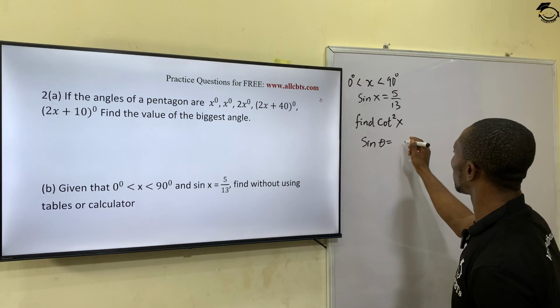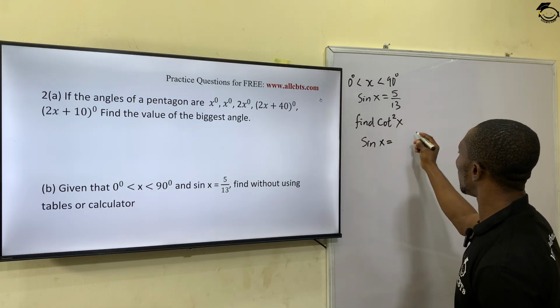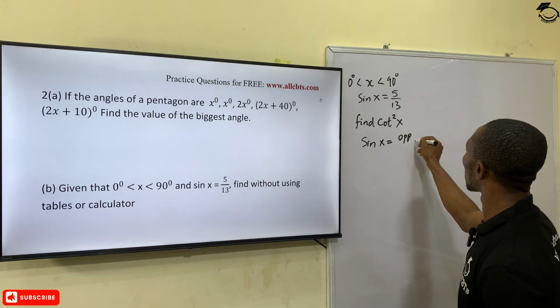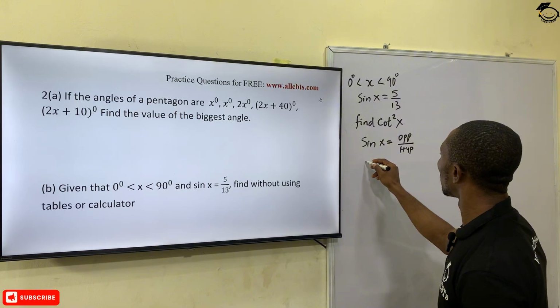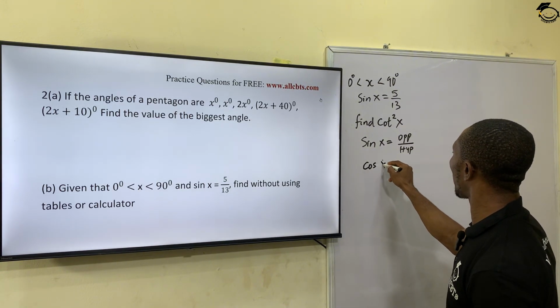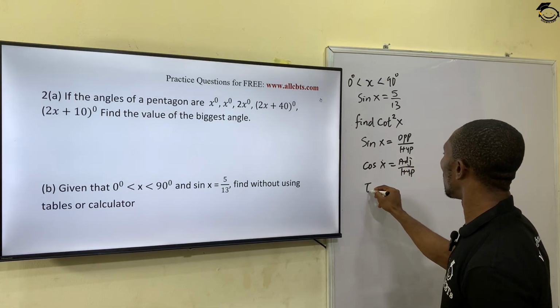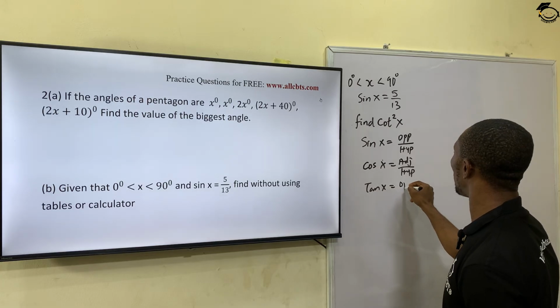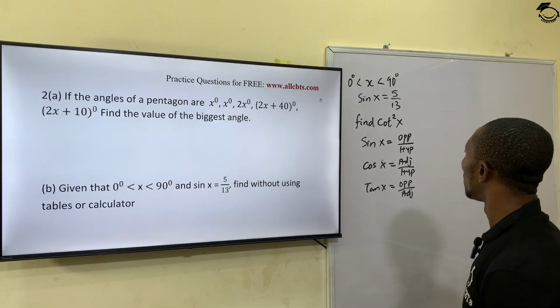So we know that sine x is opposite over hypotenuse, and cos x is adjacent over hypotenuse, tan x is opposite over adjacent.